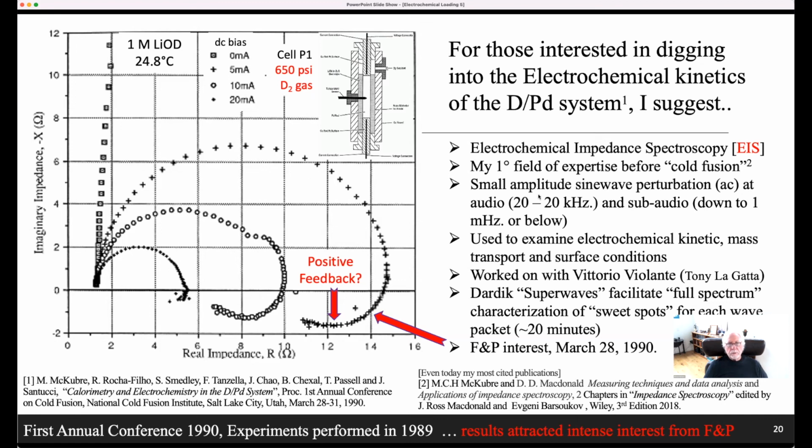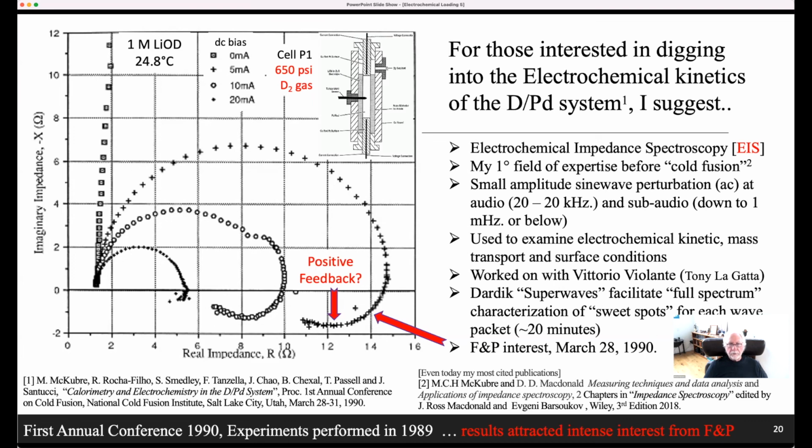With small amplitude perturbation, you can interrogate electrochemical kinetic, mass transport, and surface conditions. I worked on this in LENR with Vittorio Violante and Tony Legata. And Herb Dardik's superwaves, which I don't have time to get into.